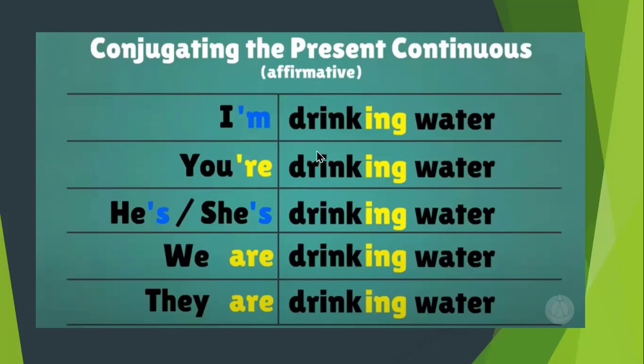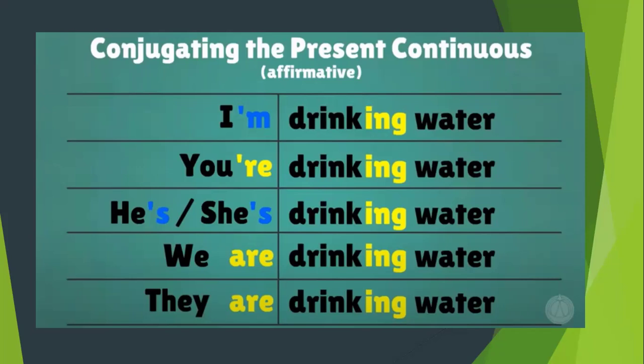I'm drinking. The short forms are the same: she's, he's, you're, we're, they're. We can use they're drinking, we're drinking, you're drinking, he's drinking. We use the verb to be in exactly the same way with the contractions and with the negatives.